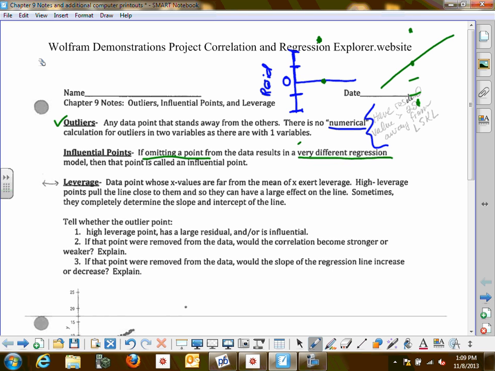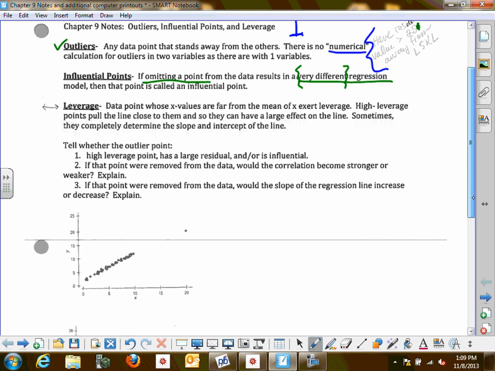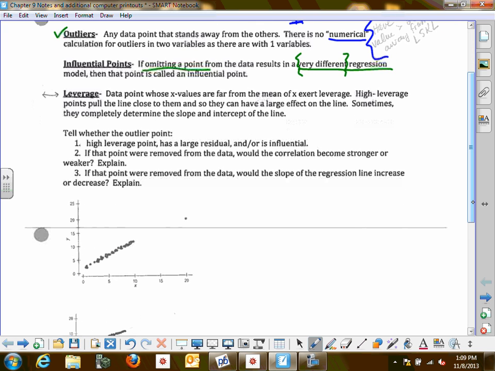Unfortunately, we don't have a definition for how much is very different. Okay, so we don't know that exactly, but we know that omitting that point, taking it away, if it changes the equation of the line quite a bit, then that point is called influential. All right, and so let's actually stop right there for just a moment.